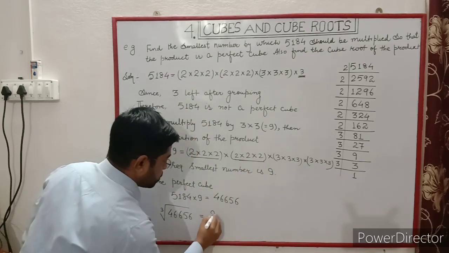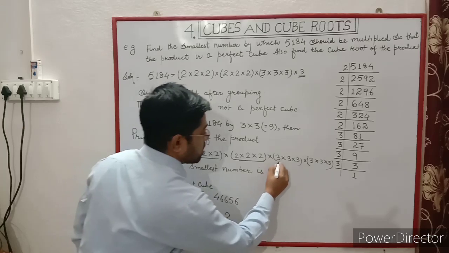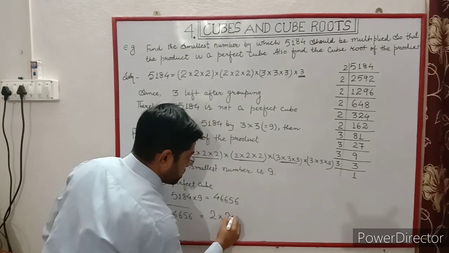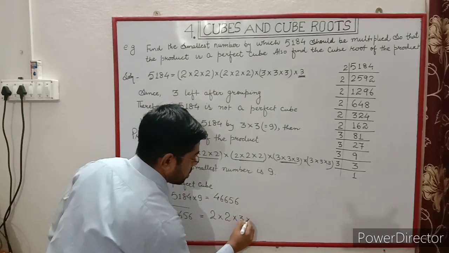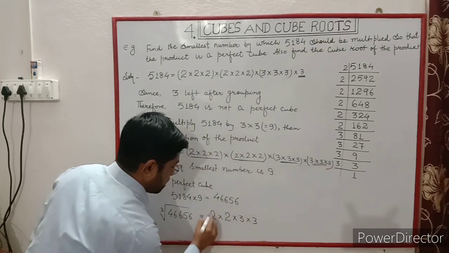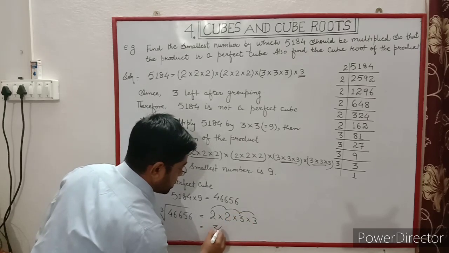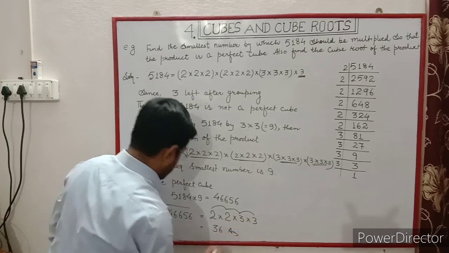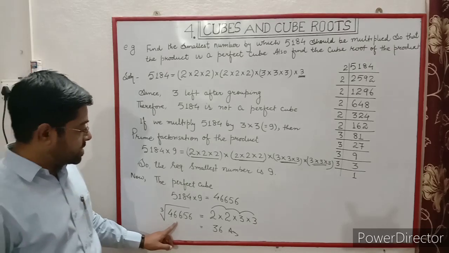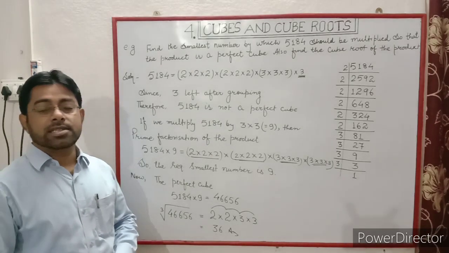So we can write 2 from the first group, 2 from the second group, 3 from the third group, 3 from the fourth group. Now we multiply 2 times 2 is 4, 4 times 3 is 12, 12 times 3 is 36. So cube root of 46,656 is 36.